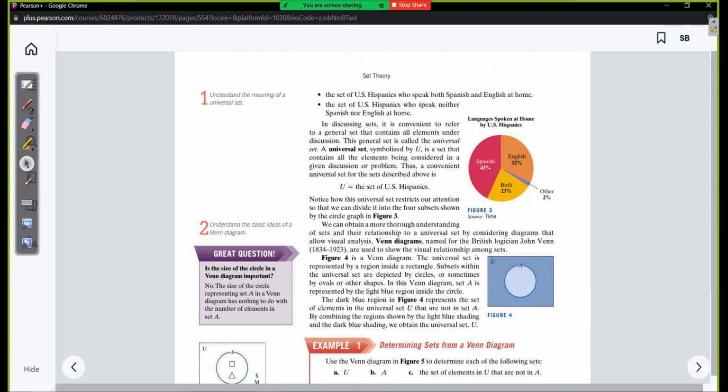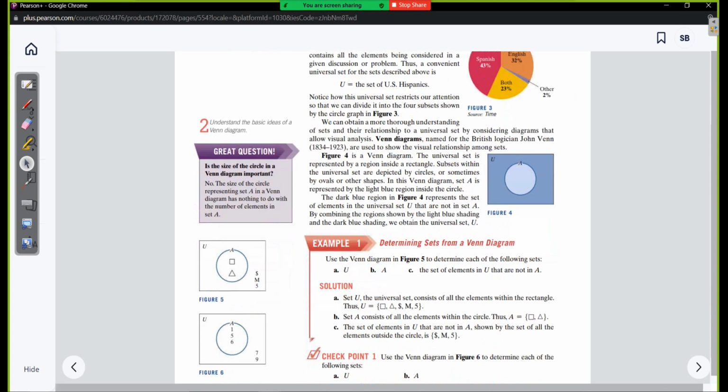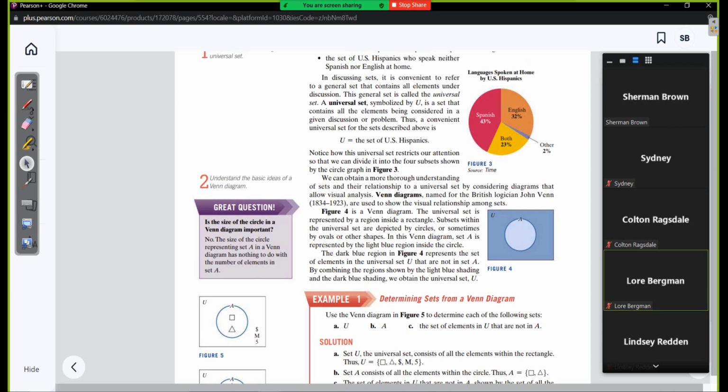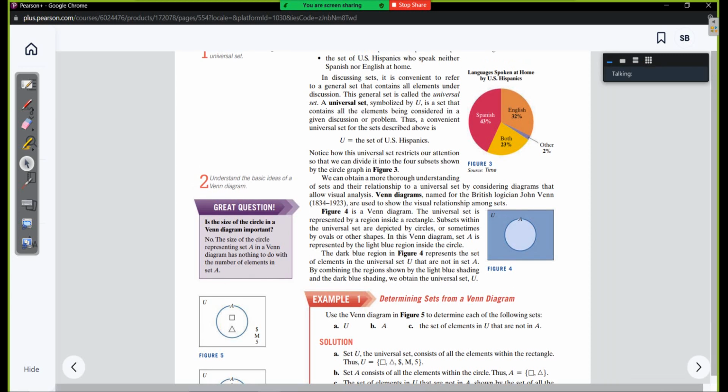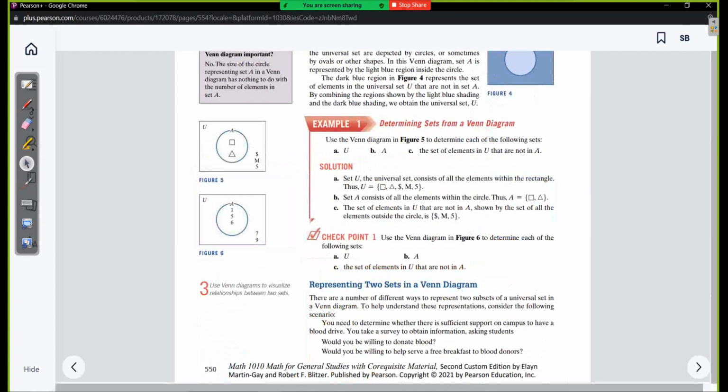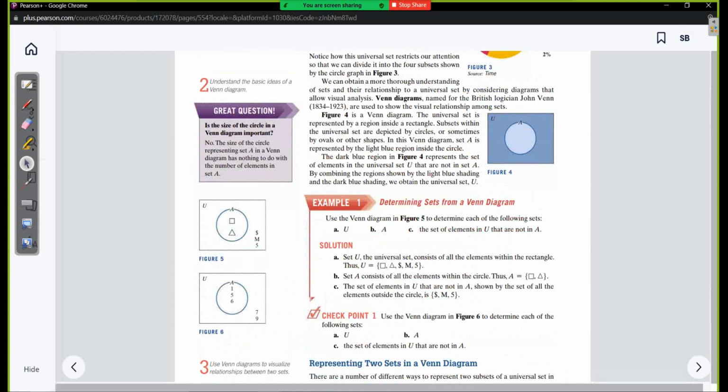All right. So we're talking about Venn diagrams today, obviously, and it doesn't really give us a breakdown of Venn diagrams before we get into the examples. So we'll just tackle the examples.